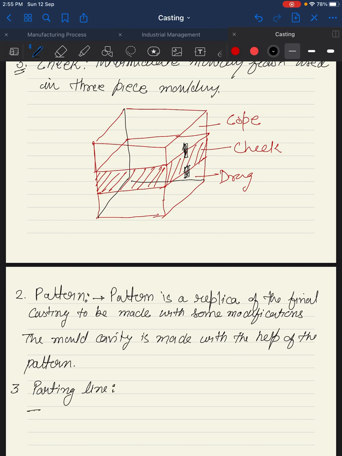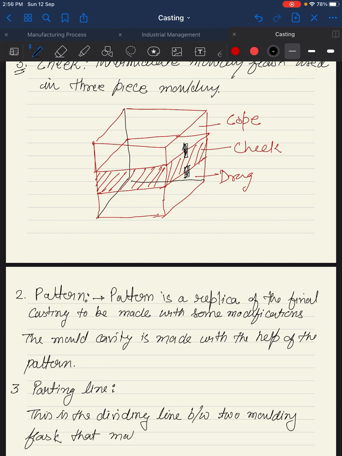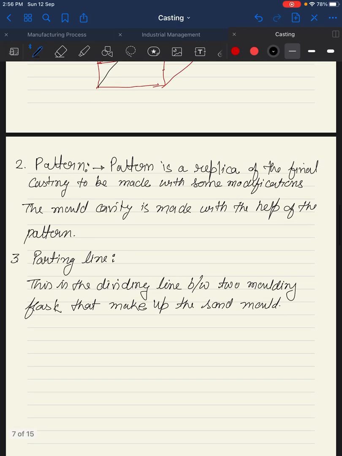So this is the dividing line between two molding flasks that make up the sand mold. Okay, dividing line.